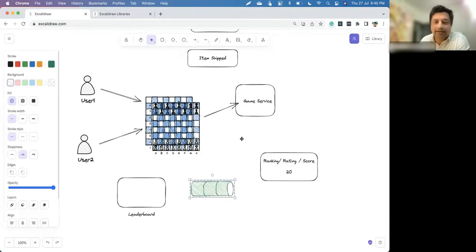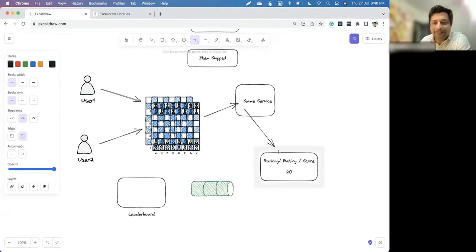Rather than game service talking to this ranking service, because see, if everyone is talking to this service, it will get a lot of requests. So the problem is, because see, millions of players are playing the game, so every millisecond some person would be winning and you will get a lot of calls. This service will get bombarded with a lot of calls. And leaderboard, people will also be viewing leaderboard. So leaderboard will also be bombarding.